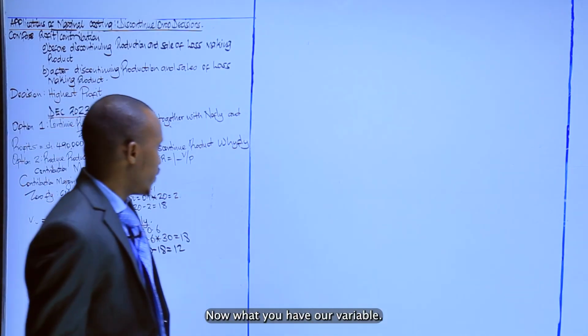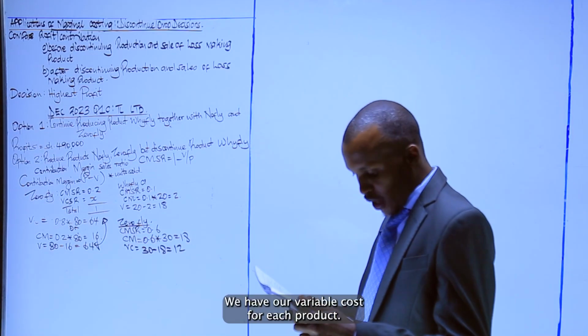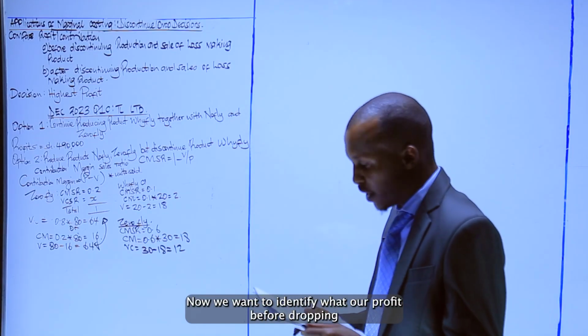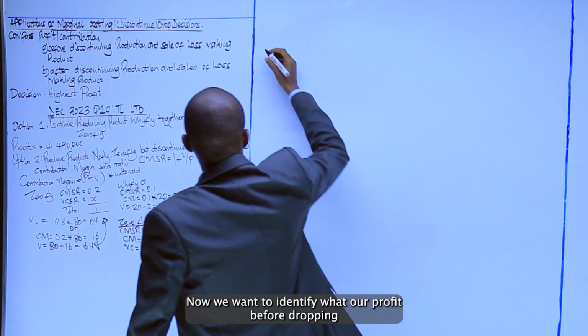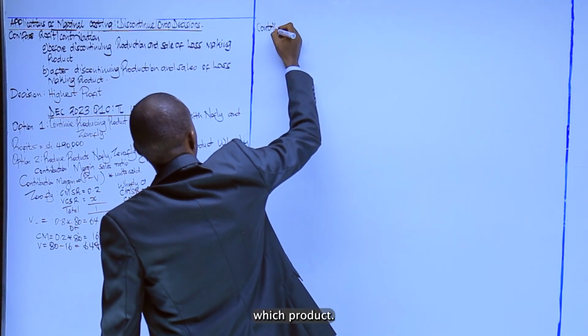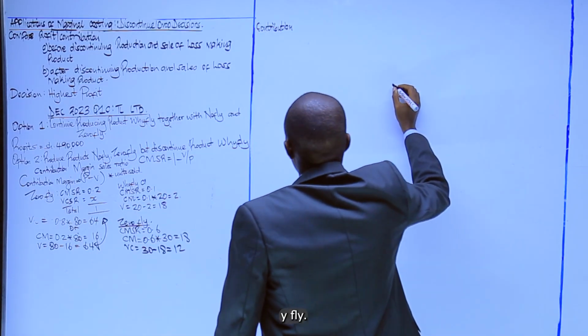Now that we have our variable cost for each product, we want to identify our profits before dropping product Y fly.